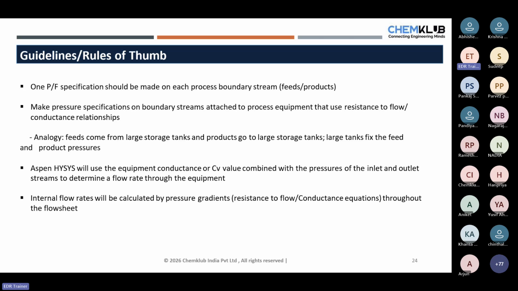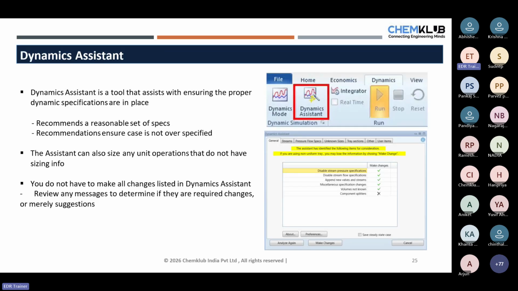In case you don't remember, if you are doing it for the first time as a practice, maybe you are not used to all that, so don't worry about that. In HYSYS we have a dynamic assistant. This dynamic assistant is a tool which will tell you what mistakes you have made when you are converting from a steady state to a dynamic.